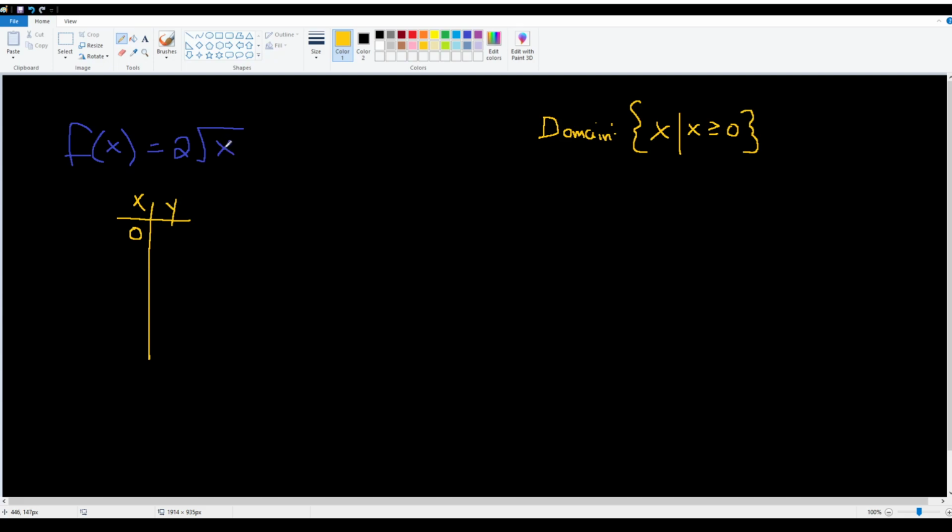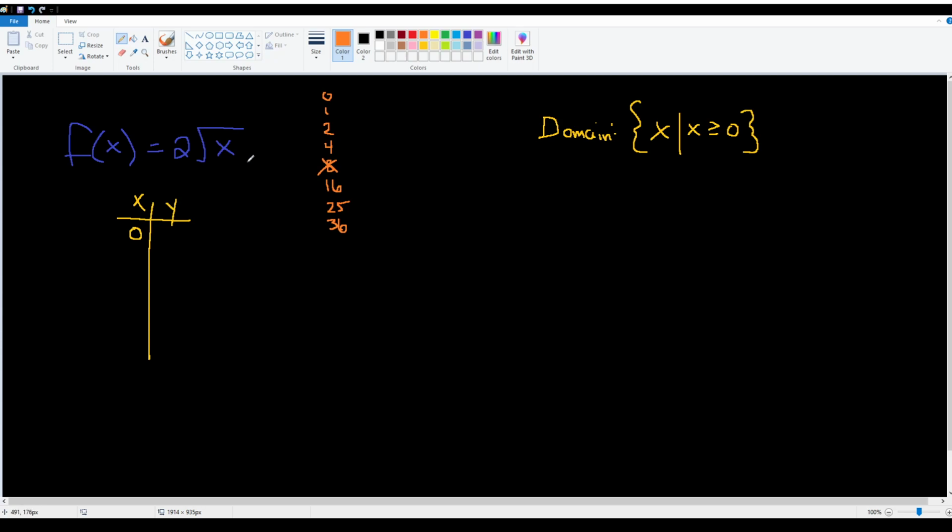So what I always do is I try to make this a number that can be the square root. What I mean by that is making what's underneath the radical something like 0, 1, 4, 9, 16, 25, 36, because these are all perfect squares.